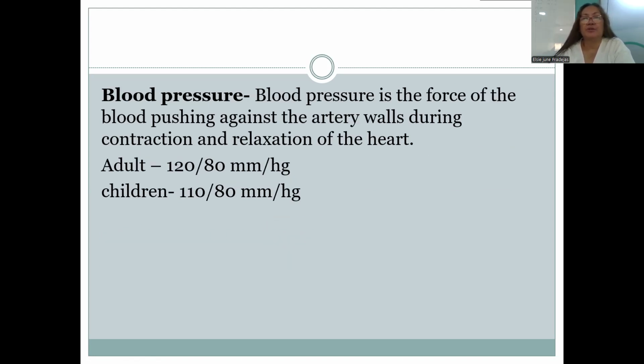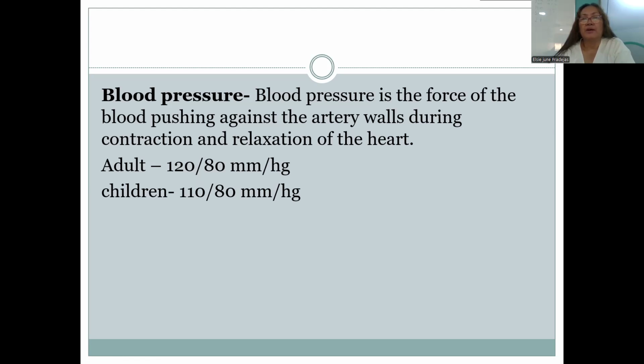Your blood pressure. Blood pressure is the force of the blood pushing against the artery walls during contraction and relaxation of the heart. When the blood is forced against the artery walls during contraction, we call that systolic. It is the first beat that you can hear from your stethoscope.